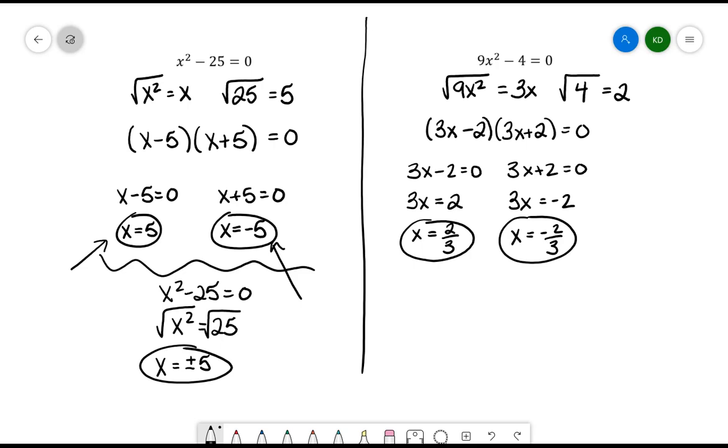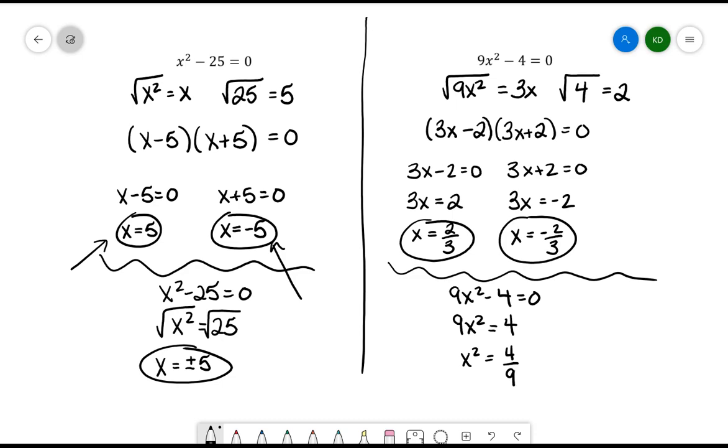How we would solve it the other way is trying to get x by itself. So starting with 9x squared minus 4 equals 0, first thing I'm going to do is add 4 to both sides. That will give me 9x squared on the left side, and 4 on the right. Next, let's divide both sides by 9, and I get x squared equals 4 over 9.